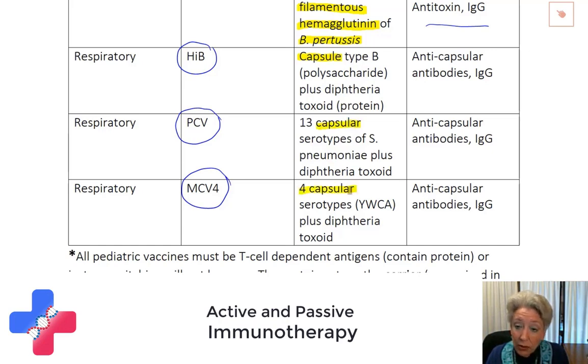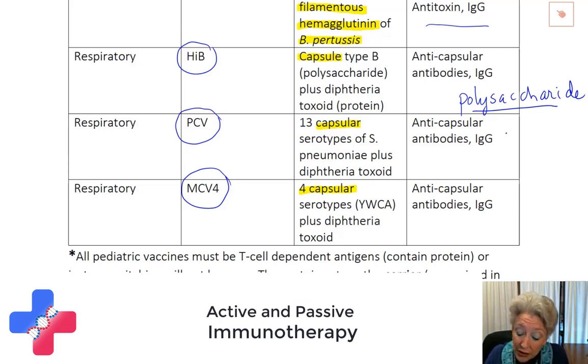Now, the problem with that is that capsules are universally made of polysaccharide. I said universal, and actually there is one exception to that. Bacillus anthracis makes a polypeptide capsule, but all the remaining capsules of all the remaining bacteria and fungi who have them are made of polysaccharide.